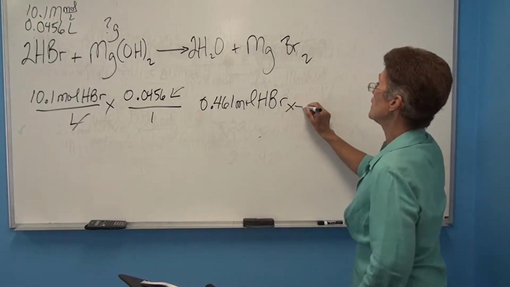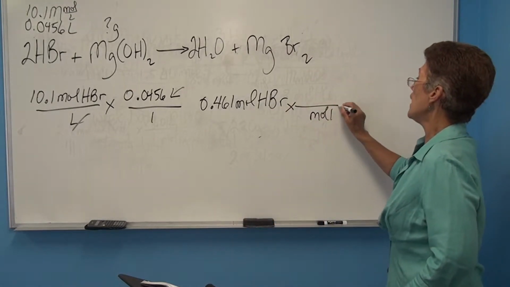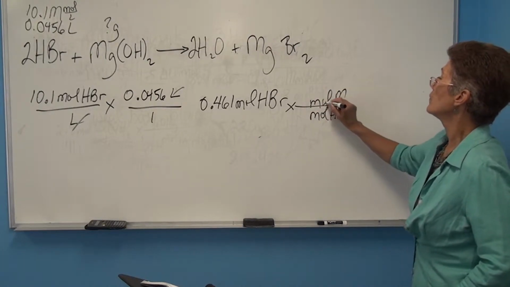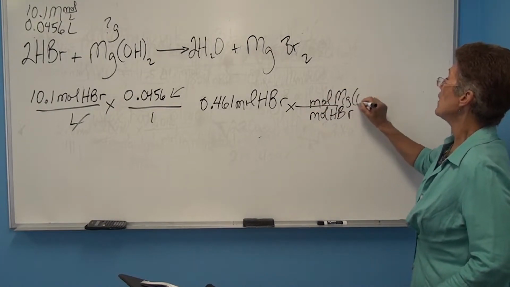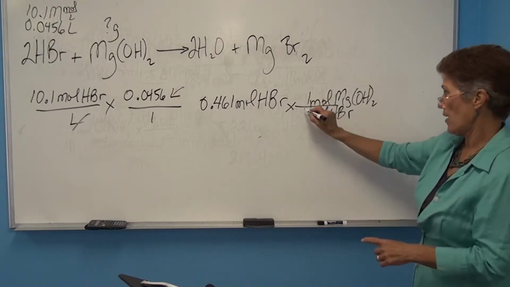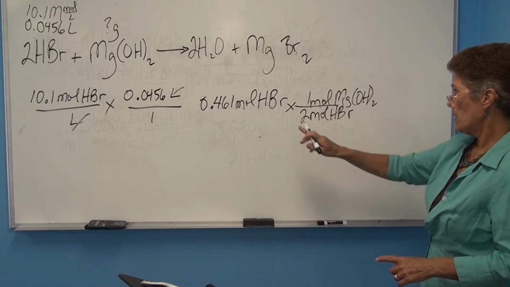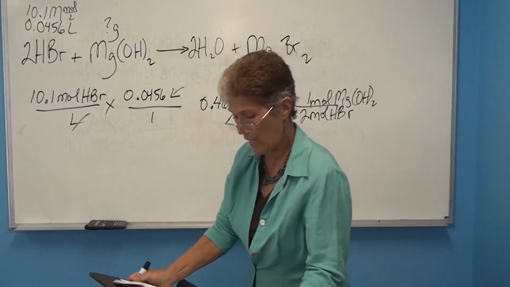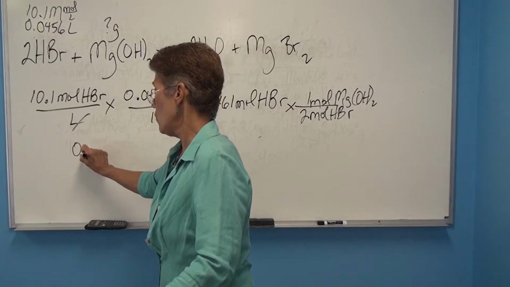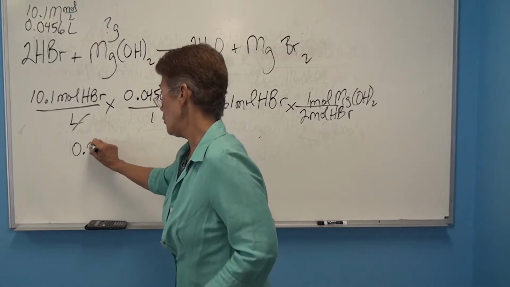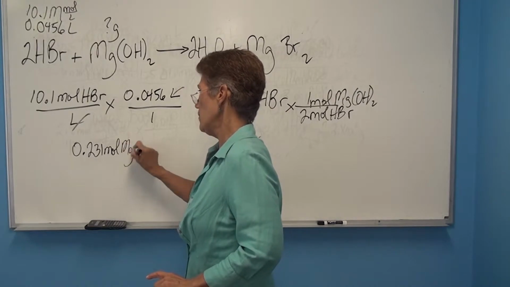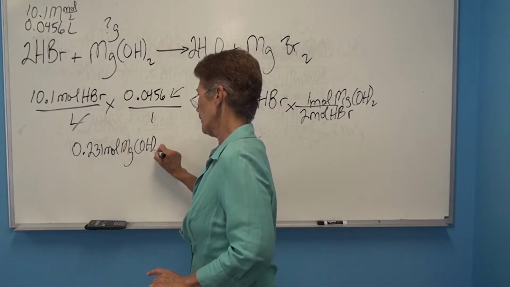Now I'm going to go across the mole tunnel. Moles of HBr, moles of magnesium hydroxide. There's 1 mole of that to every 2 moles of that. So 3 significant figures, that's going to give me 0.231 moles of magnesium hydroxide.